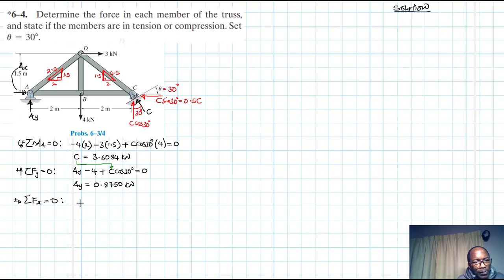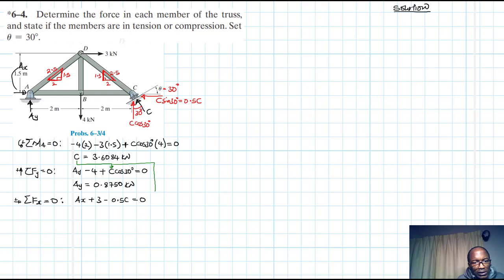Okay, and then we have summation of forces in the x direction equal to 0. What do we have? We have AX plus 3 minus 0.5 C. This is C sine 30. Okay, we already have what C is.